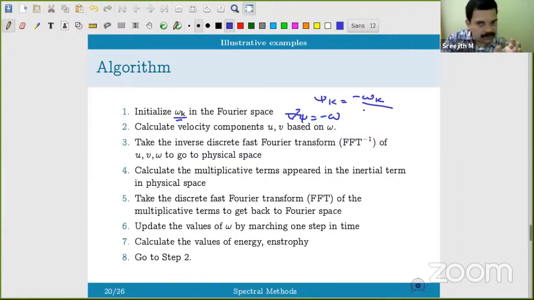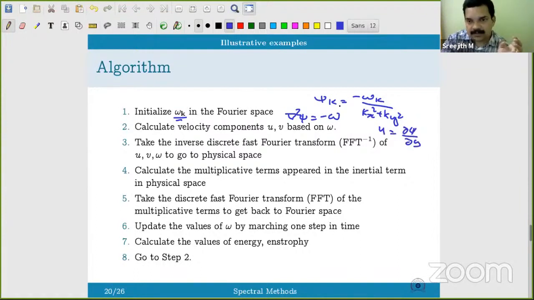kx square plus ky square, if you have a two-dimensional solution. That will give the Fourier transform of the stream function, and you can calculate the velocity u, which is equal to dou psi by dou y.